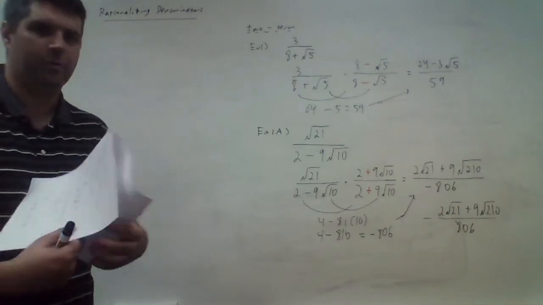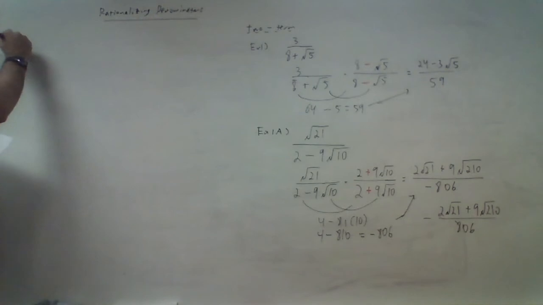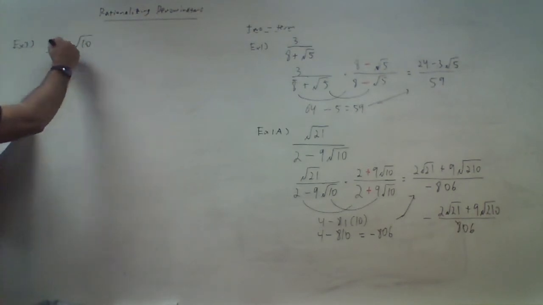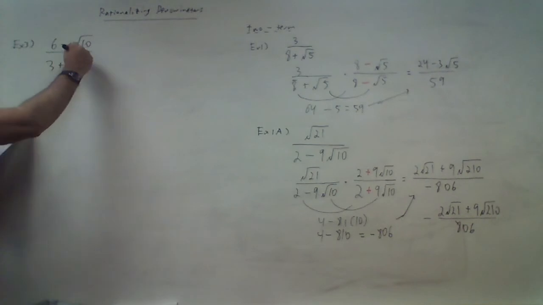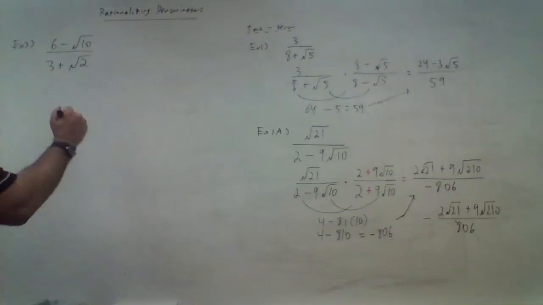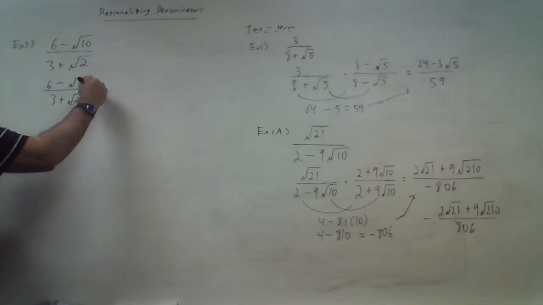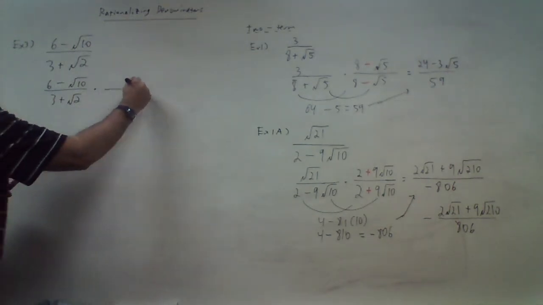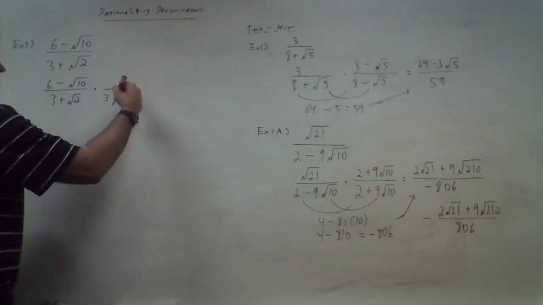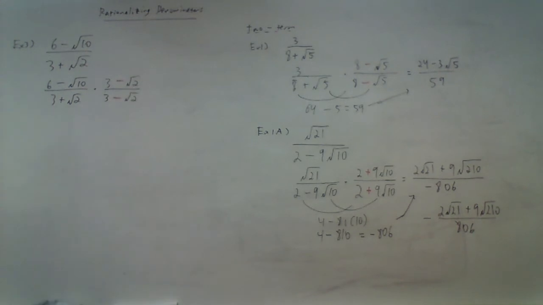I'm going to do example 3, which is 6 minus the square root of 10 over 3 plus the square root of 2. So you would do 6 minus the square root of 10, 3 plus the square root of 2, times 3 minus the square root of 2. Okay, the conjugate of the denominator.